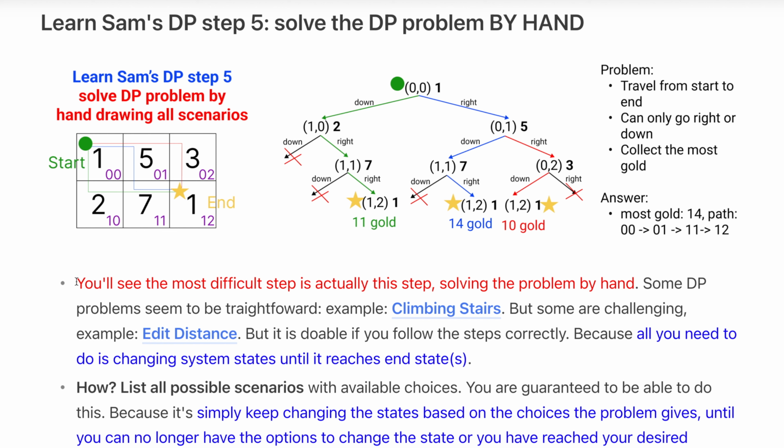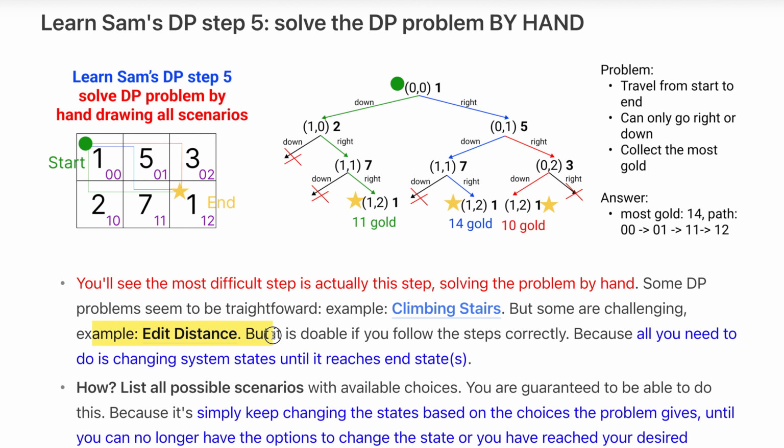But before that, we will learn that the most difficult step in solving DP problem is actually this step, solving the problem by hand. Now, some DP problems are straightforward. For example, climbing stairs, but some are challenging. For example, edit distance, even solving by hand.